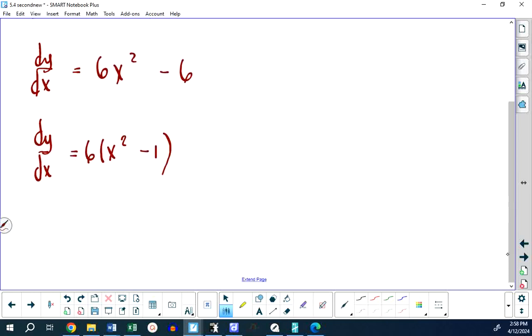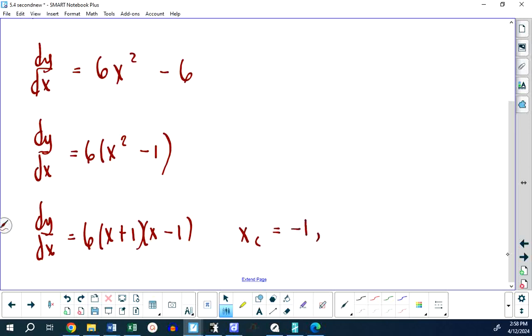So the first derivative is this. Now, given that we're only doing this today so that we can say what the critical values of x are, you don't even need to factor it.